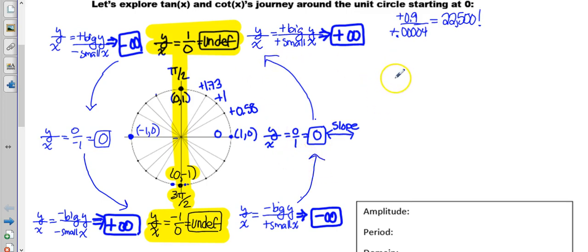Let's now see what that whole journey will look like when we graph from 0 to 2 pi. That's what this space off to the right is meant for. So let's set it up. It's going to come out looking so cool.